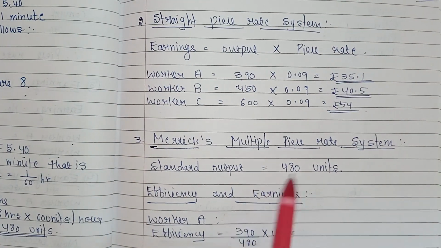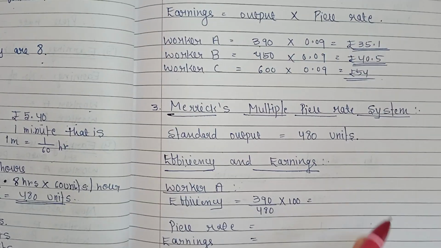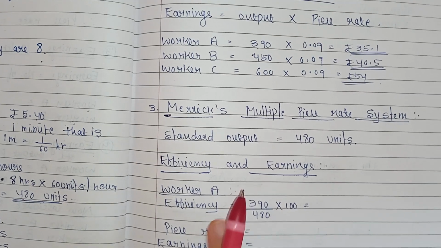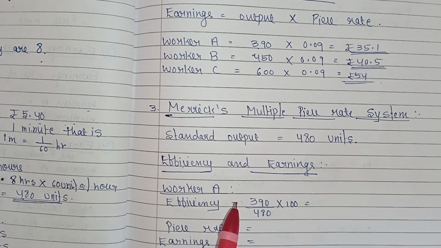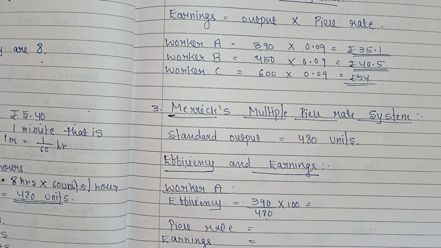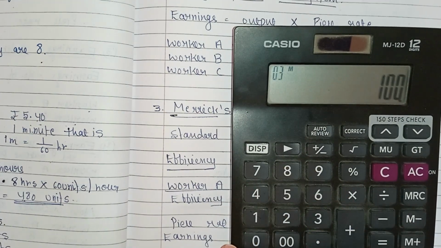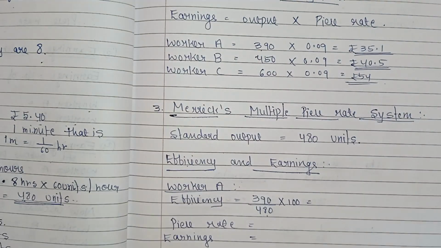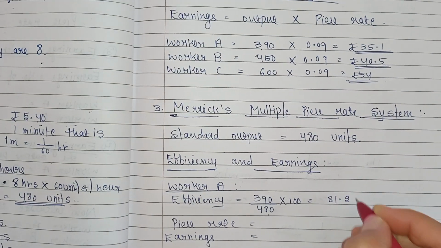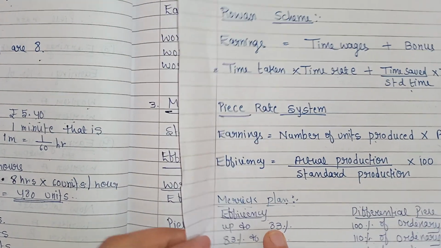Standard output 480 units. Now we need to calculate the efficiency and earnings. First, worker A. First, we need to calculate the efficiency of worker A. So actual output divided by standard output into 100, means 390 divided by 480 into 100, means 81.25 percent. 81.25% means this is up to 83%, right?